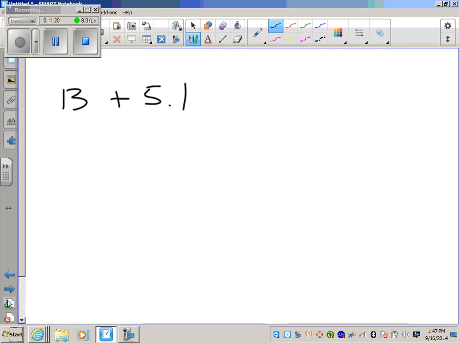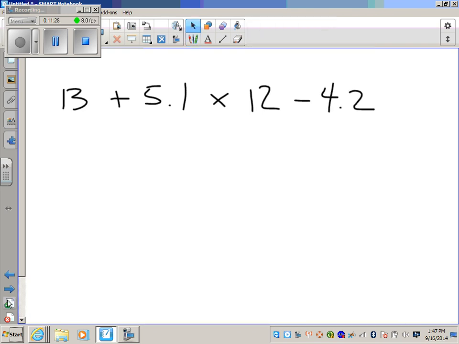13 plus 5.1 times 12 minus 4.2. Three operations: addition, multiplication, subtraction. Which one is going to get done first? Eli. Okay, so I'm going to have to multiply 5.1 times 12.